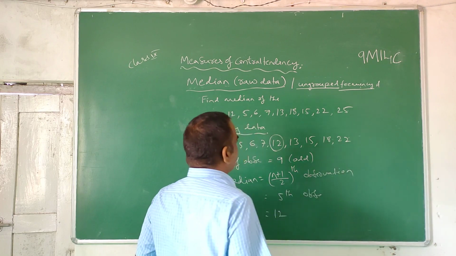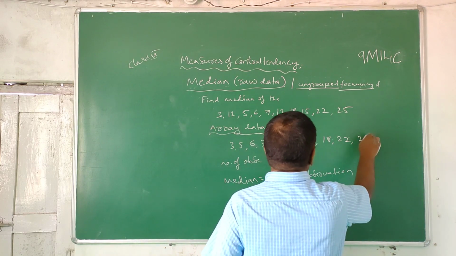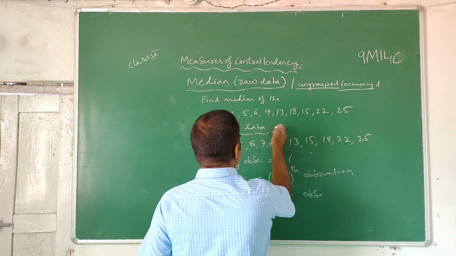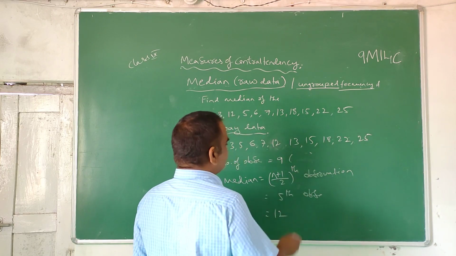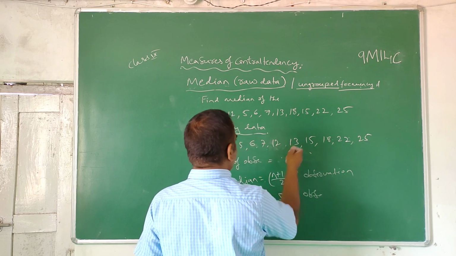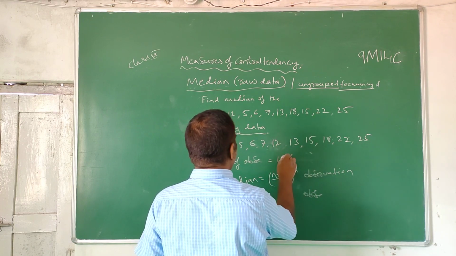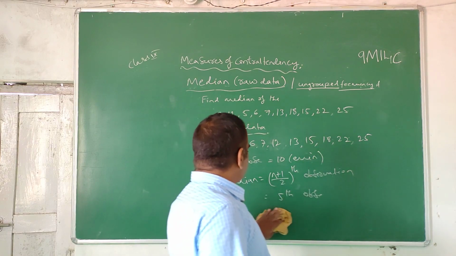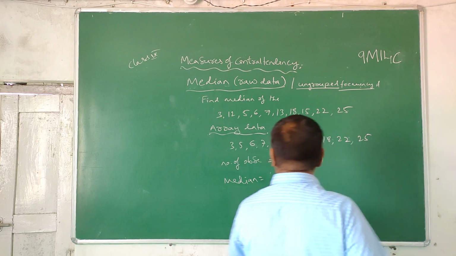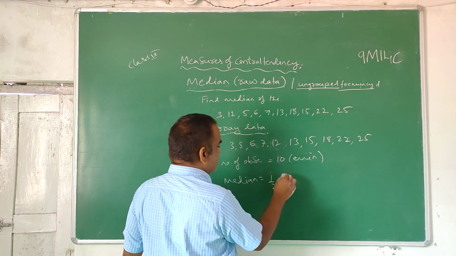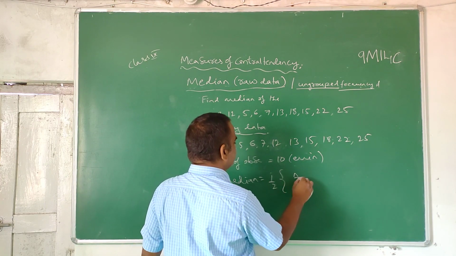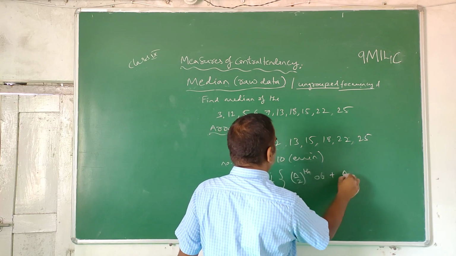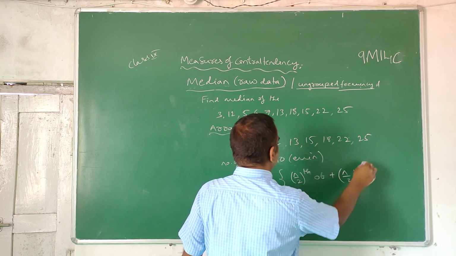Suppose you take one more quantity, 25. Then this time the number of observations would be 10, because we have taken one more observation. So 10 is an even number. So how would the median be? The median would be the average of the n/2th observation and the (n/2 + 1)th observation.